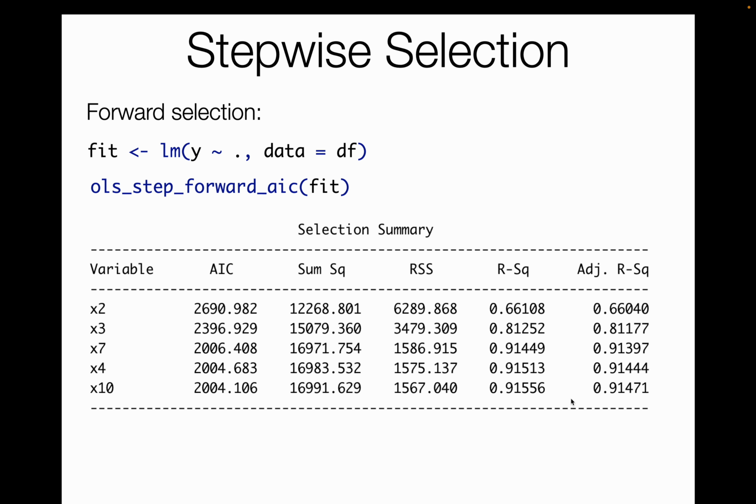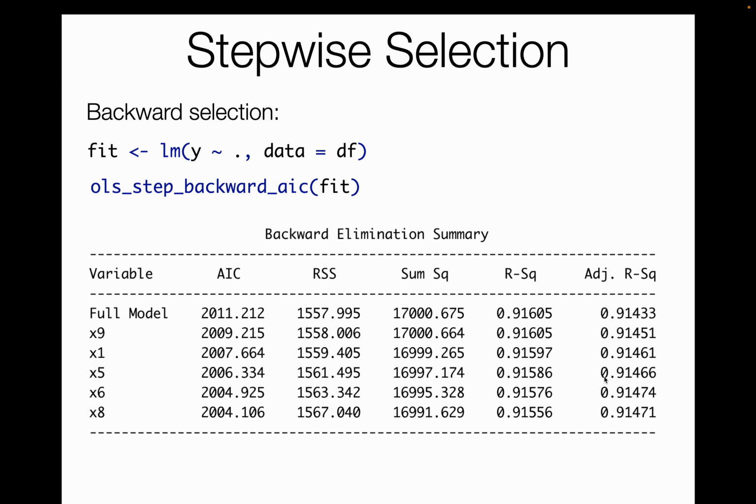Now you get much smaller changes, and so the guess would be also for adjusted R squared, you're just barely making headway. You might guess the next one that would be added after X10 might make R squared go down, might make AIC go back up. So bad sorts of things happening.